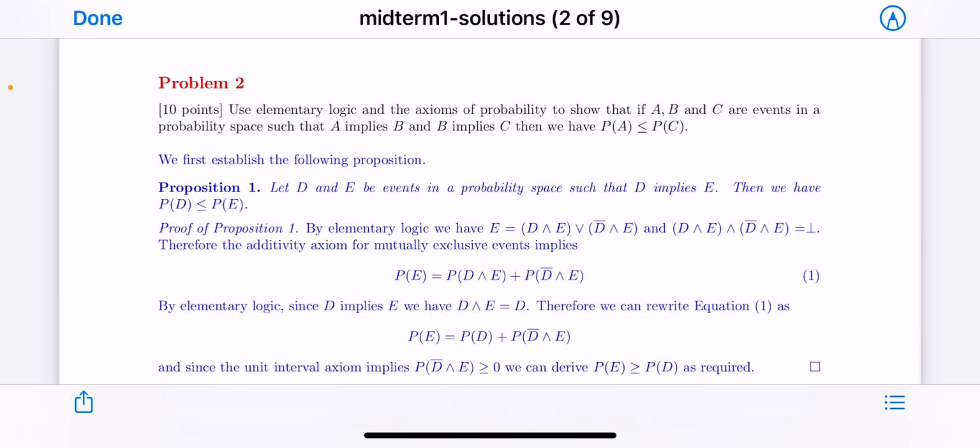It's asking you to manipulate axioms and symbols according to formal rules and derive a certain result. So this kind of computerized thinking where we're just manipulating symbols according to formal rules is ultimately what underlies the entire structure of theoretical mathematics.